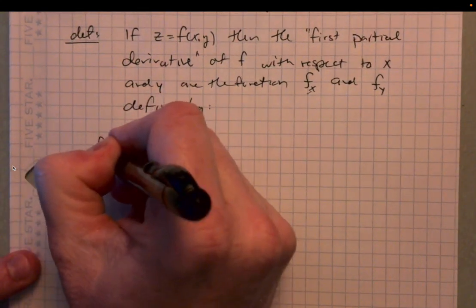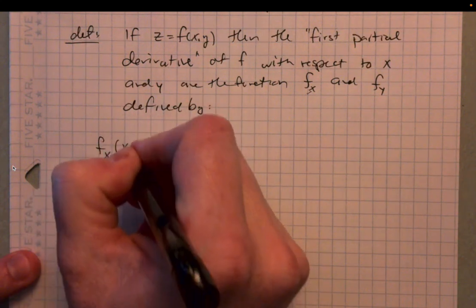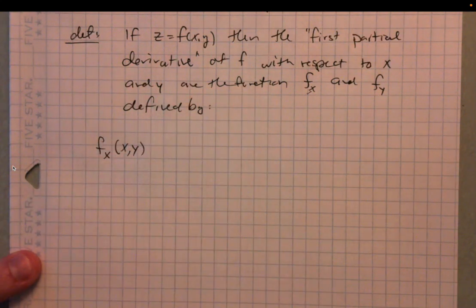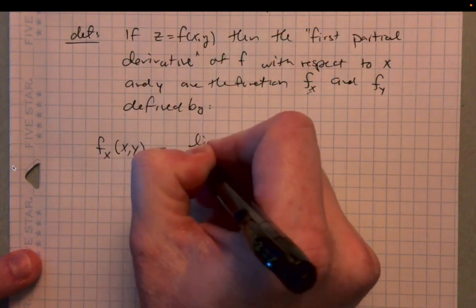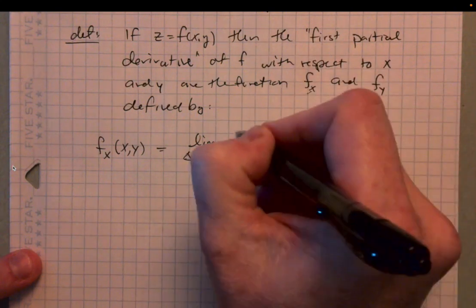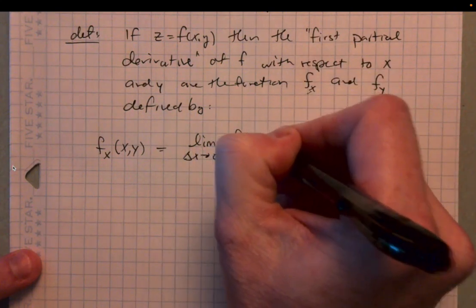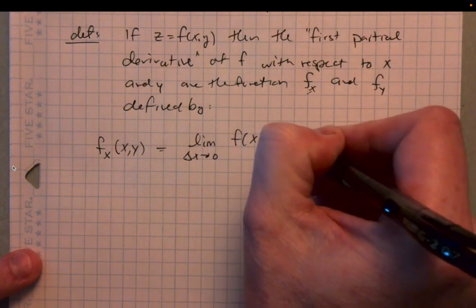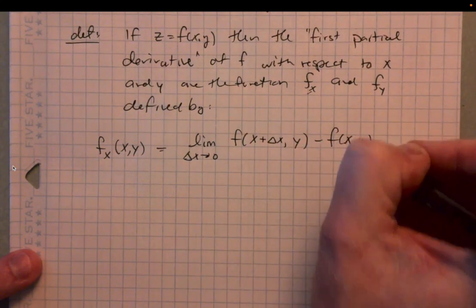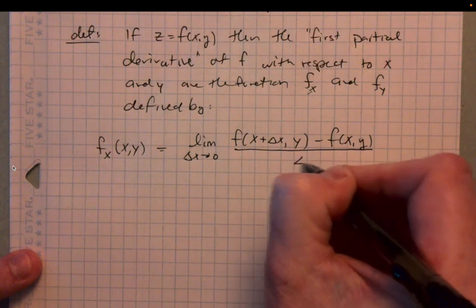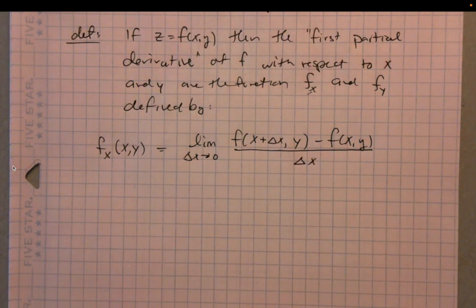So f sub x of x, y, the partial derivative with respect to x, is equal to the limit as delta x goes to 0 of f of x plus delta x comma y minus f of x comma y over delta x.